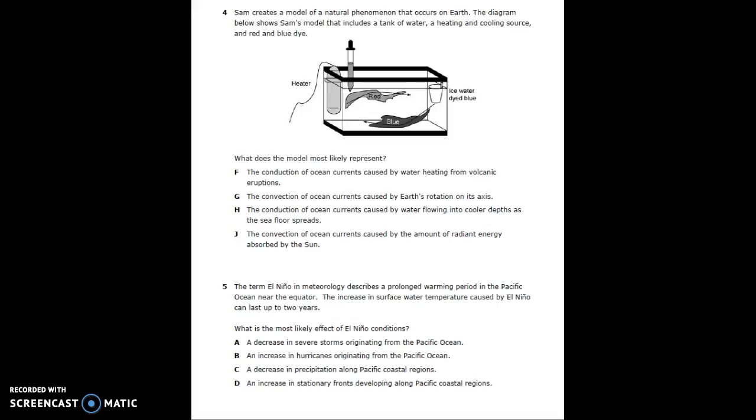A. a decrease in severe storms originating from the Pacific Ocean. B. an increase in hurricanes originating from the Pacific Ocean. C. a decrease in precipitation along Pacific coastal regions. And D. an increase in stationary fronts developing along Pacific coastal regions.